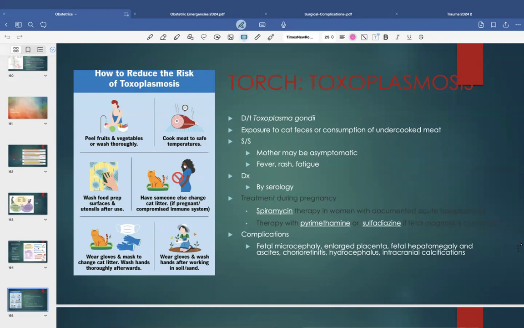If this is a healthy mom, then she may not need treatment. There are some other treatments listed there. Don't need to necessarily know those, and you don't need to necessarily memorize those.